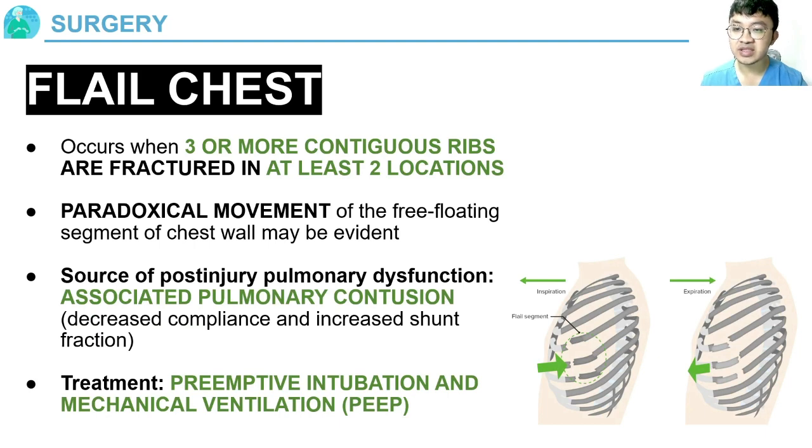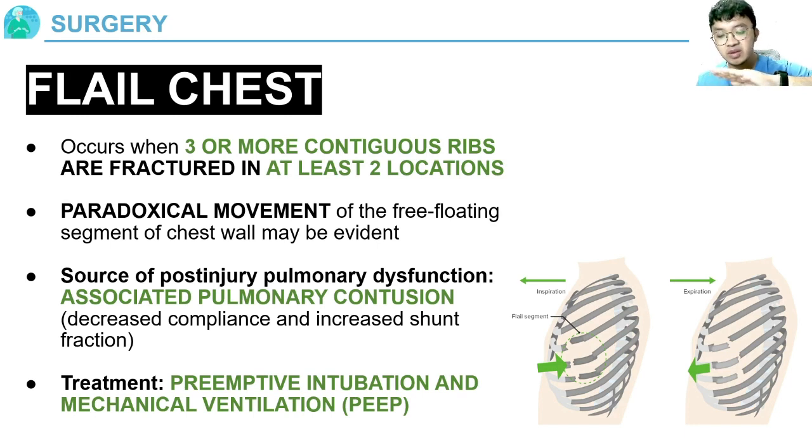Next, flail chest. So flail chest occurs when there's 3 or more contiguous ribs affected in at least 2 locations. So you have 1, 2, 3 ribs. These 3 contiguous ribs that have injuries at 2 points in each rib. Okay, that's your flail chest. So the flail chest actually affects your lung parenchyma because of the paradoxical movement of that flail segment.